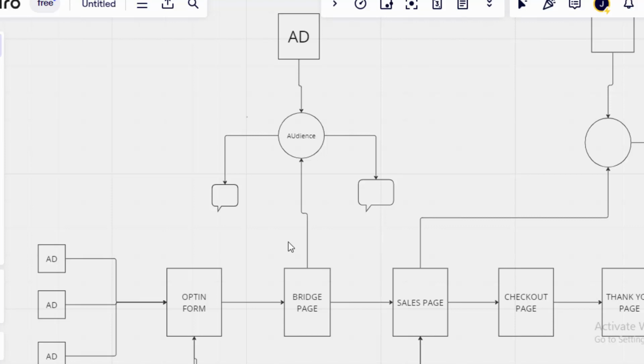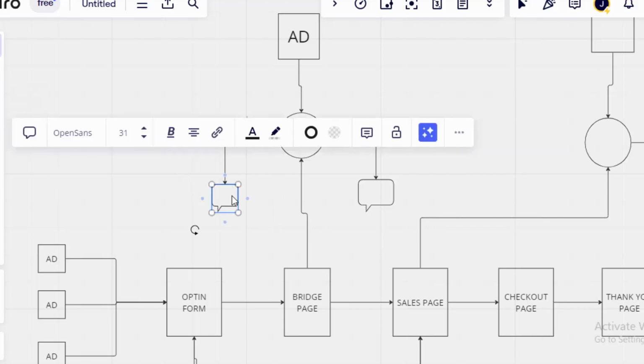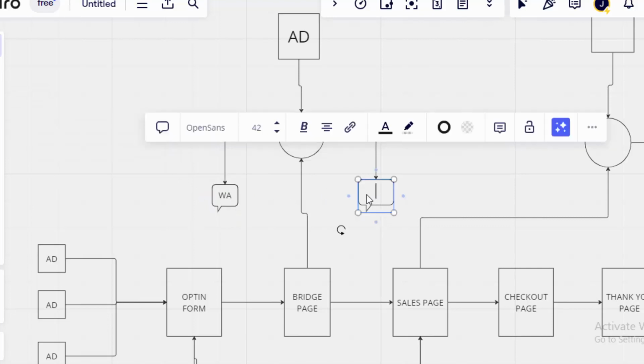So what I did was send people to WhatsApp and Facebook Messenger. So this can be WhatsApp, WA, and this, let's call it MSG for Messenger.